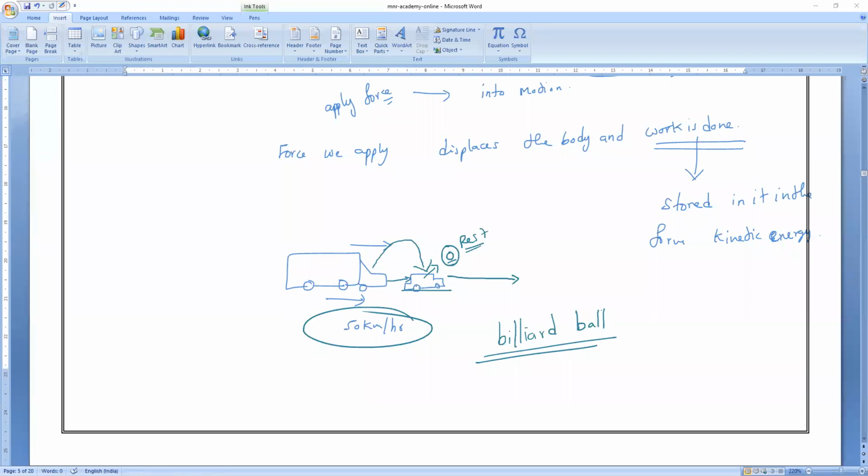Clear? Any doubt, please let me know. Understand whatever you understand and write it. See, understanding is very important. Please make it.